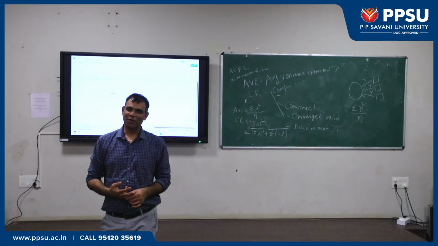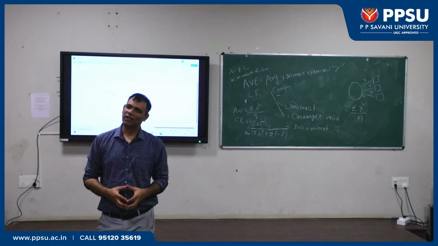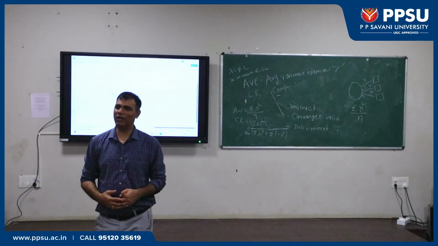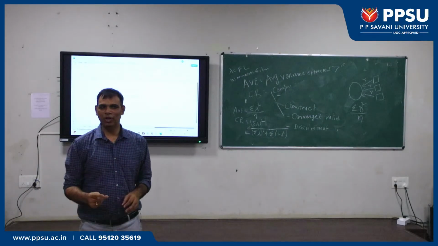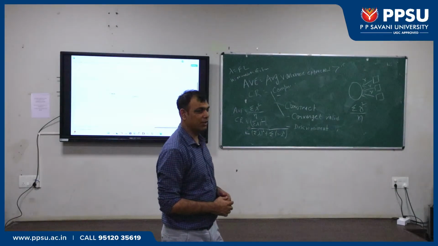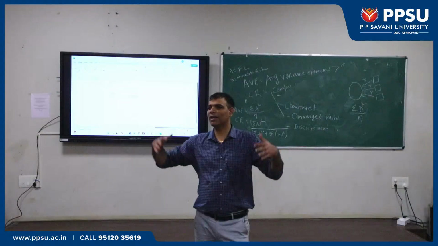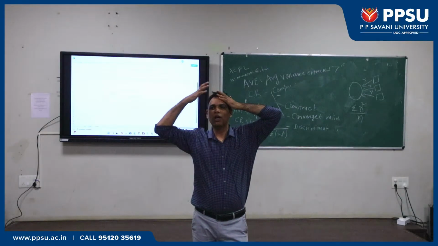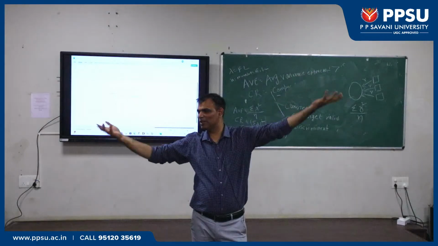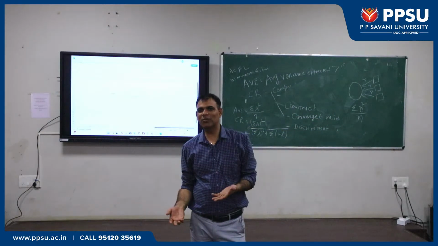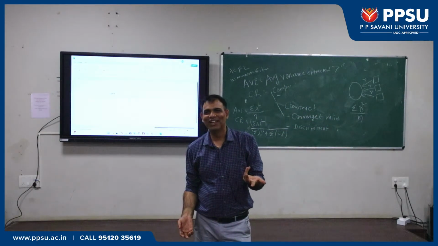Why? The moment your Cronbach alpha is greater than 0.95, you will face a problem. Cronbach alpha greater than 0.95, what does it mean? Correlation is 100%, which means these questions are the same. And if these are the same question, why are you asking many times? That is the challenge.